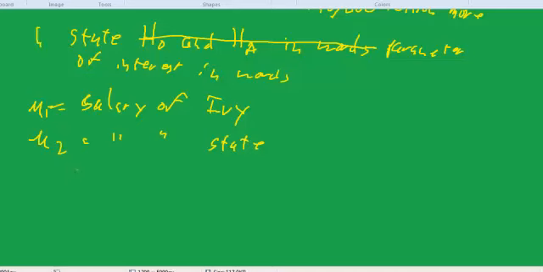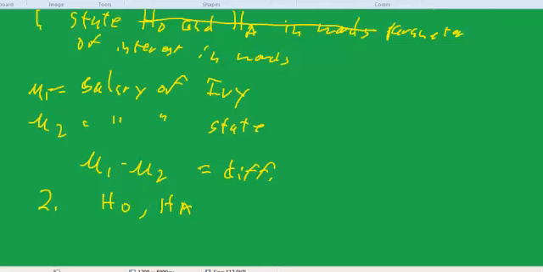And what we're really interested in is mu1 minus mu2, which is the difference between the two.